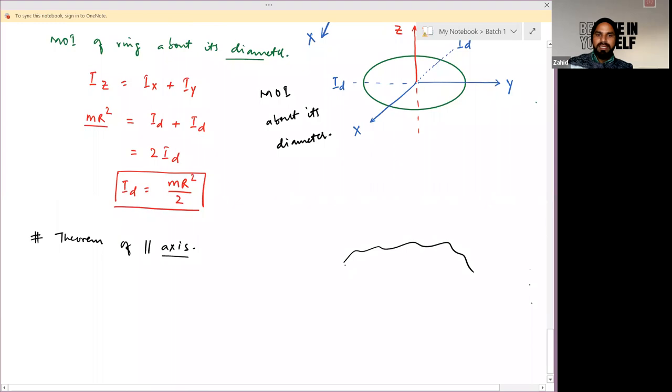Suppose you have a lamina or a two-dimensional body which is lying along the xy plane. First, there should be an axis passing through its center of mass. Let's say this point is the center of mass, and the axis through its center of mass is this.